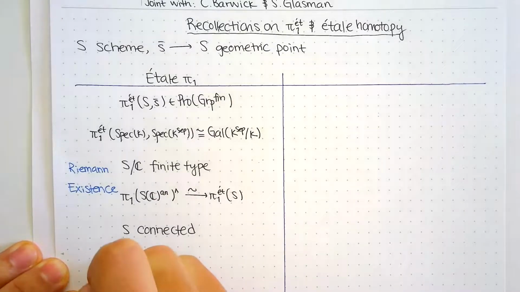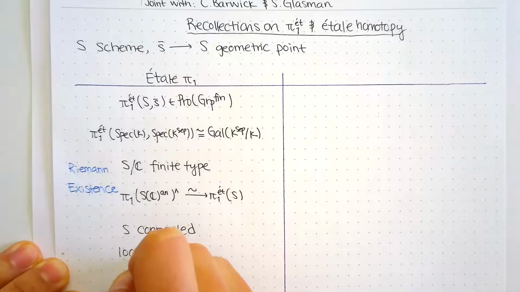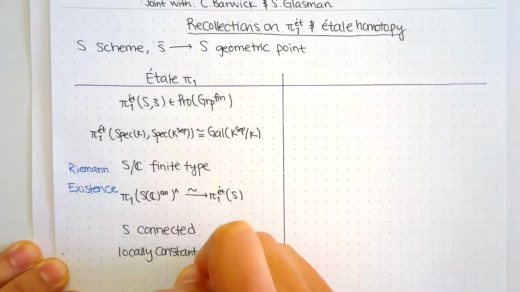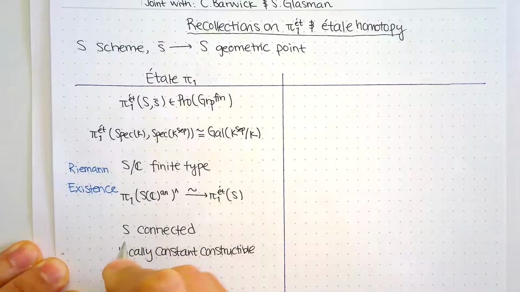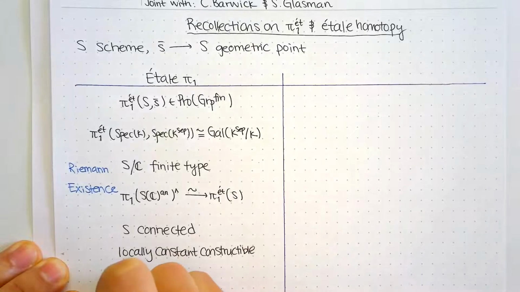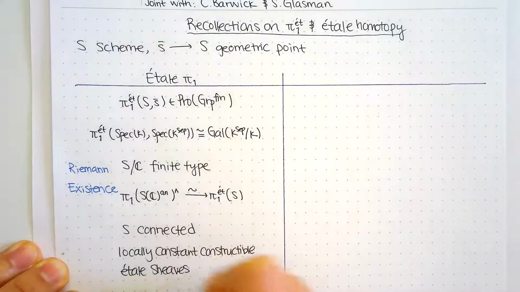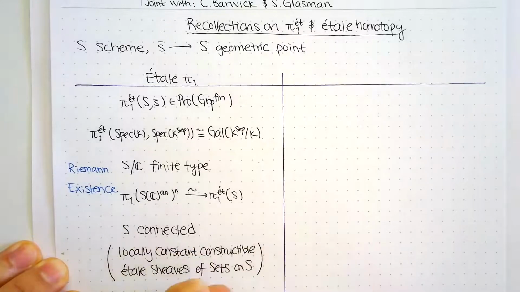Then locally constant constructible étale sheaves, say of sets on S, these are classified by π₁ étale.